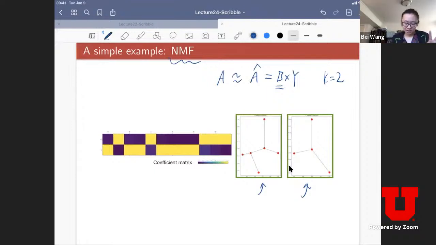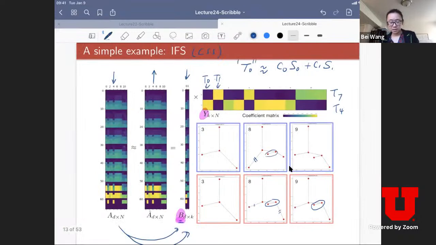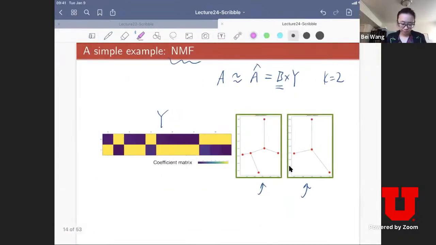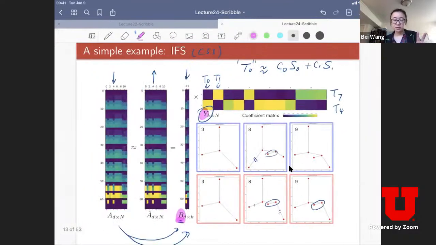And another thing is that if you look at my matrix Y, which is a coefficient matrix based on these two new bases, you will also see a similar structure as before compared to this matrix Y here. This is a different Y. So this coefficient is with respect to two new brand basis trees, versus this coefficient is with respect to two basis trees chosen as part of the input trees.